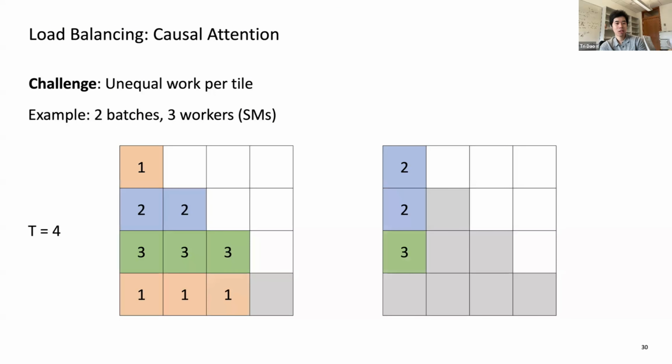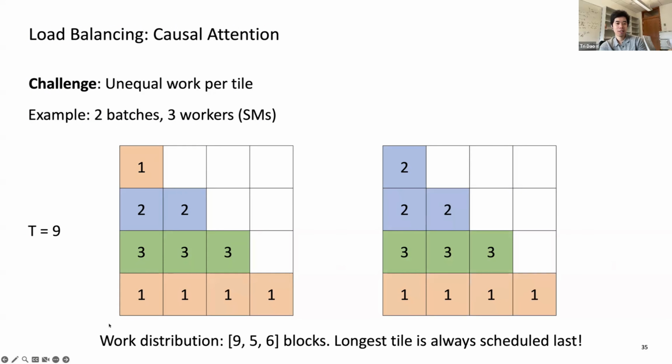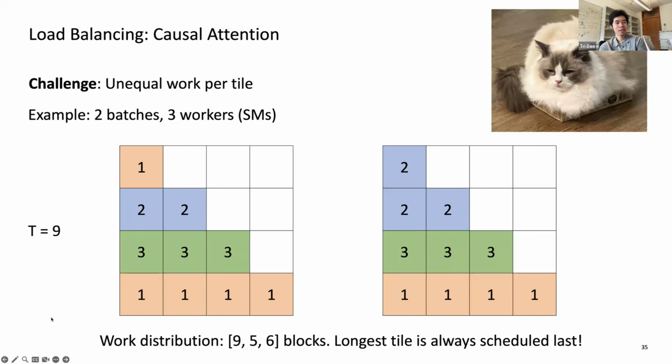And as you keep going, you see that towards the end, pretty much all of the workers have finished except for the last one, still working on the last tile. So in this particular example, you have this unequal distribution of nine blocks for the first worker, and then 5 and 6 for the other workers. And now that we think about it, this is because we schedule top to bottom, so the longest tile at the bottom is always scheduled last. I showed this to my cat, and he's not so excited.